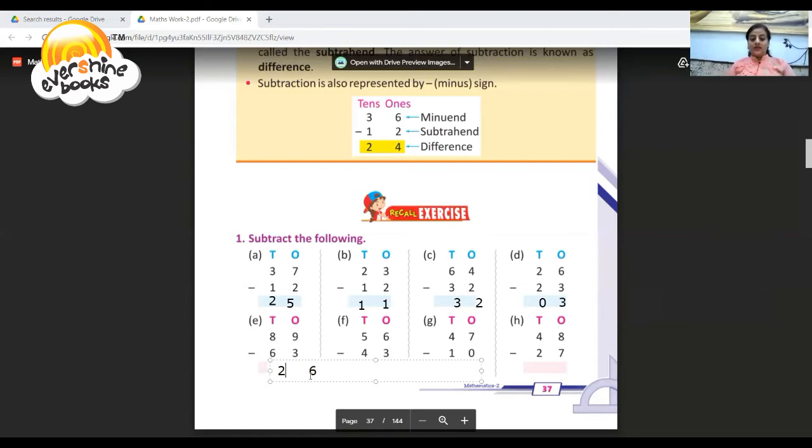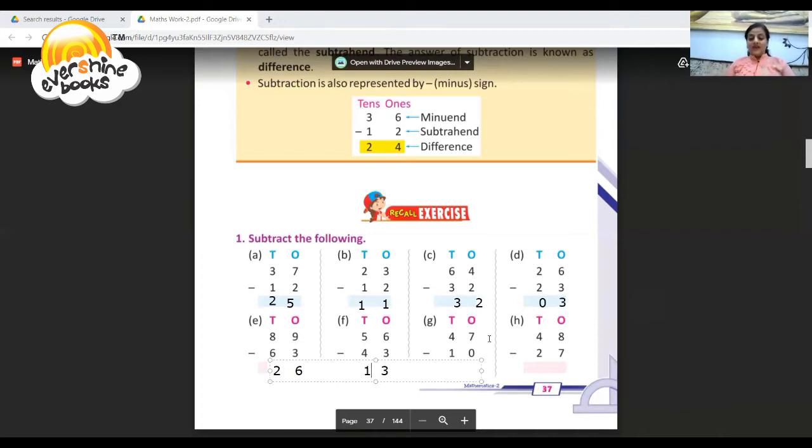So the answer will be 26. 26 is the answer. 6 minus 3 is 3, and 5 minus 4 is 1. So the answer is 13.